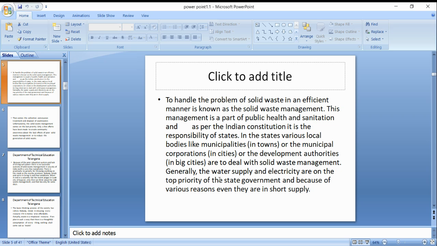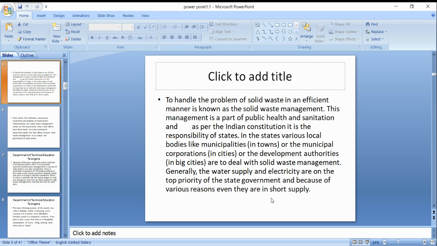Generally, water supply and electricity are the top priority of the state government, for various reasons, because even they are in short supply. Water is most important, and electricity is also important.